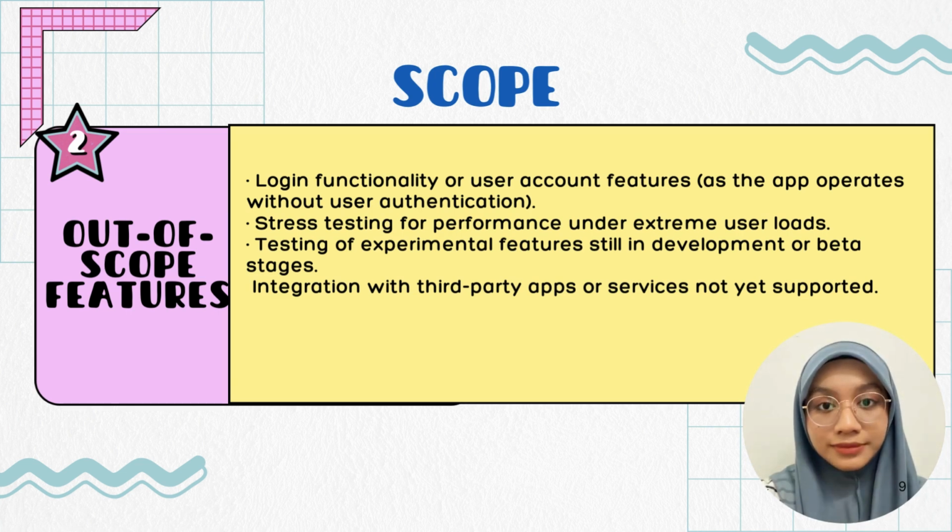Second, stress testing for performance under extreme user loads. Although performance is important, stress testing for extreme user load is not part of our testing process right now. We will focus on standard performance metrics but won't simulate peak usage scenarios to test the system's limits.